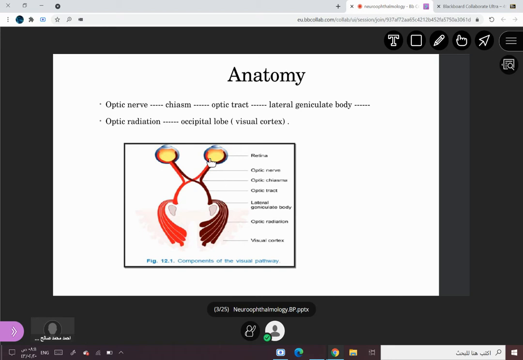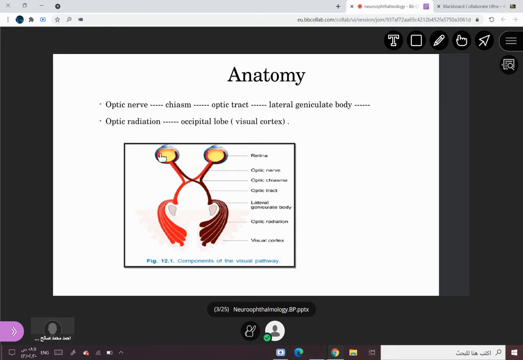So in this example, I would like you to imagine that this image is as if you are seeing your own body. Okay? Imagine you are seeing this part as if you are seeing your own system.